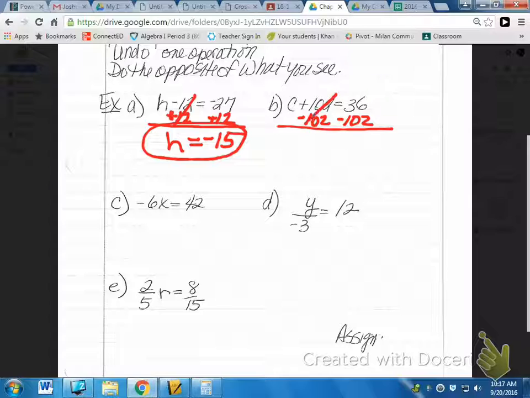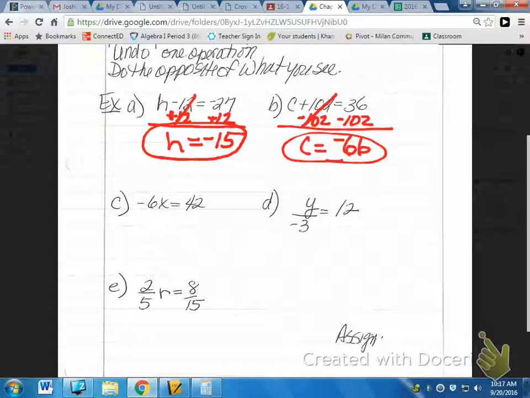That causes the 102s to fall away, and C would equal, well, if I have 36 but I lose 102, I would end up with negative 66. Questions about that?